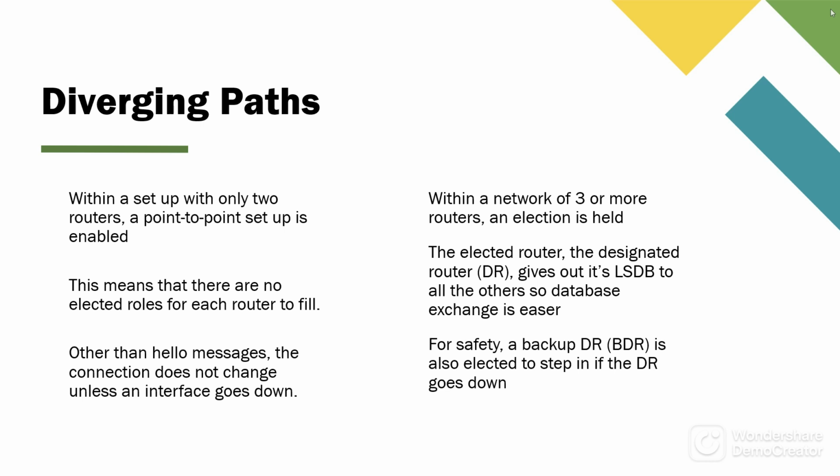Unless something goes wrong in either of the routers, each will not change their state or try to reconfigure the route. This state is called a point-to-point setup. Though good to know, you won't find this kind of setup unless you're in a very small network. The real interesting stuff happens when there are 3 or more routers on the network.